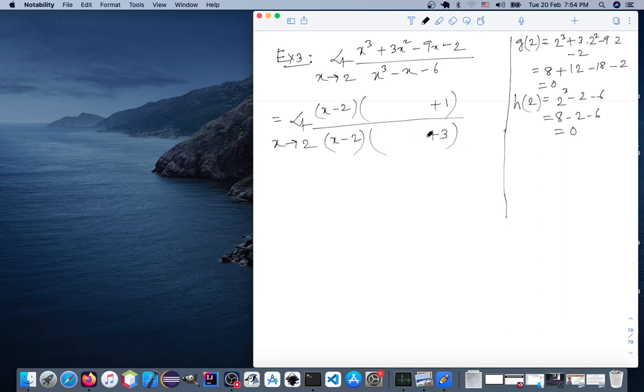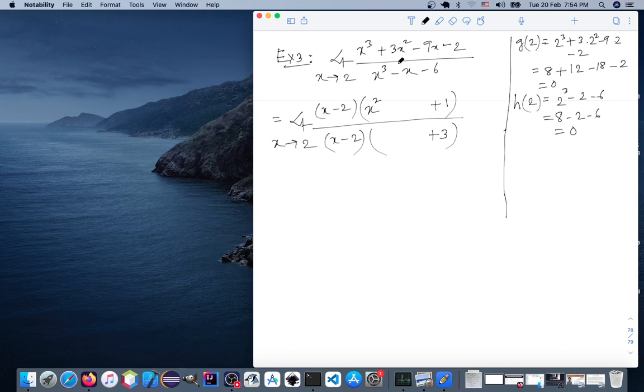Now the first term of the numerator is x cube, so we must have x square. When we add x square, we get minus 2x square, but we have here plus 3x square.